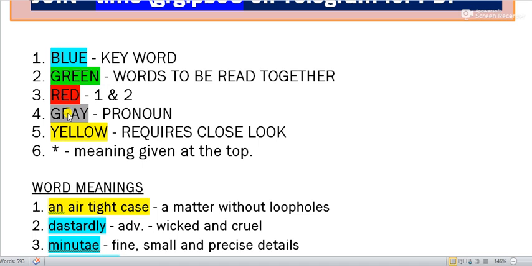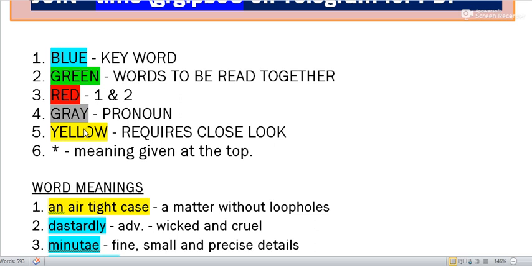Gray is for pronouns, which you should be able to link with the noun each refers to. This is important. Understanding a pronoun sometimes becomes very key to getting to the right meaning.